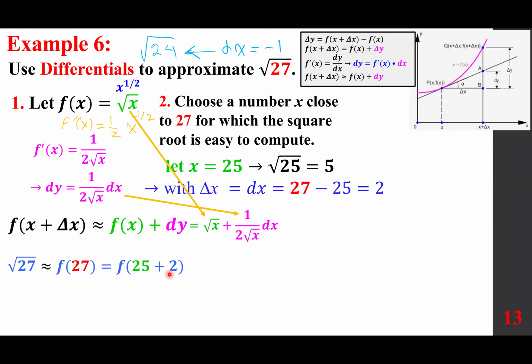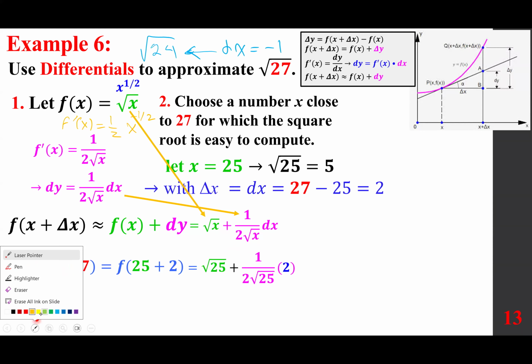Okay, so if we plug in 25, we get 5 here. So this is 5. This is also 5 times 2 is 10. So 1 over 2 times square root of 5 times 2. This one, as I mentioned, is 5. Let me see what I want to use. I'm going to use this one. So this is 5. This is also 5. These two cancel out.